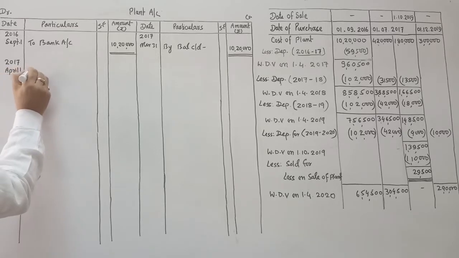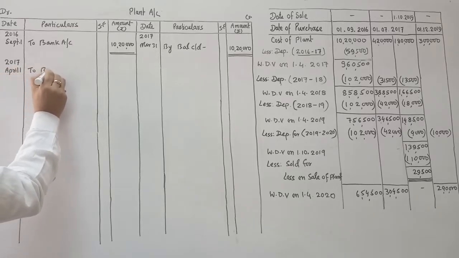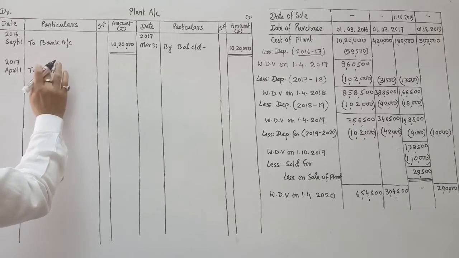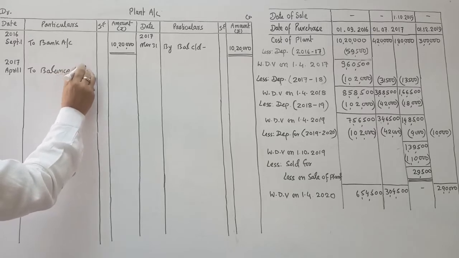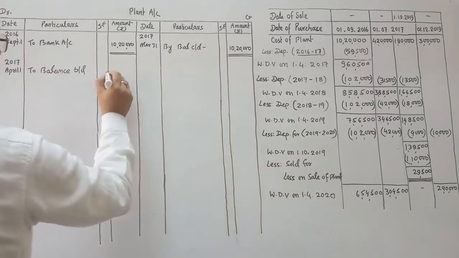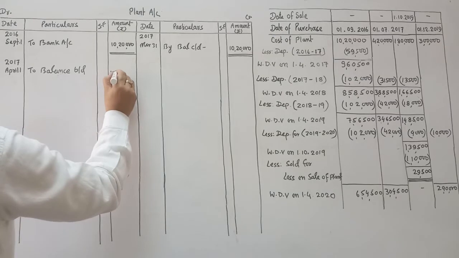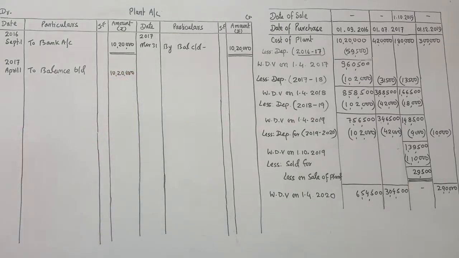To balance brought down. So this balance will be brought down on the first day of the next financial year. 10,20,000 will be brought down.